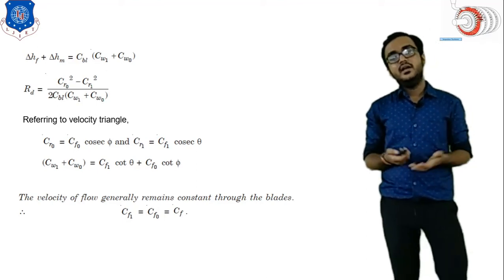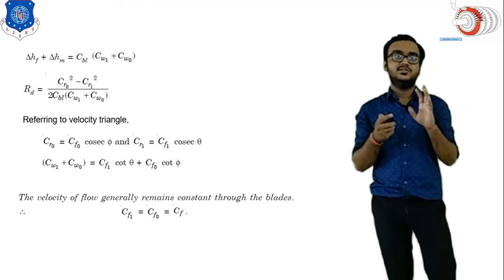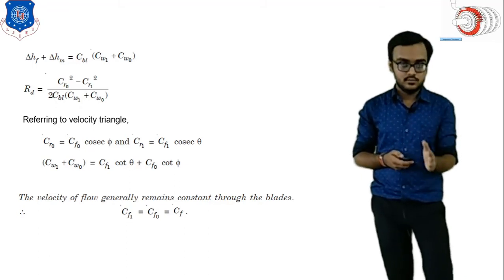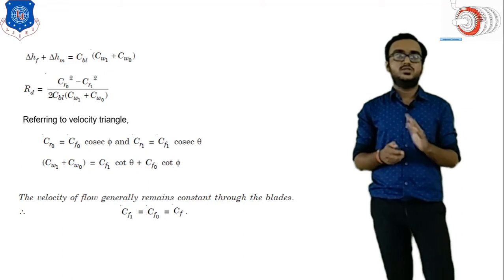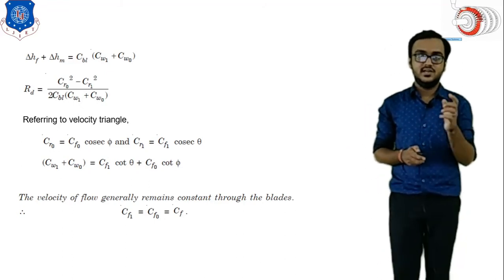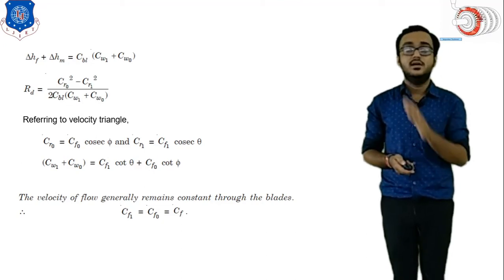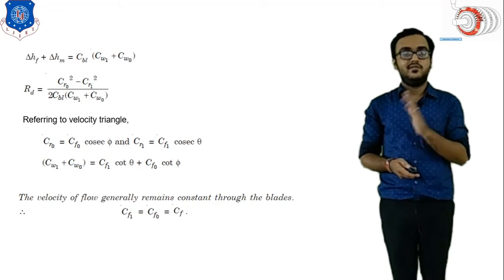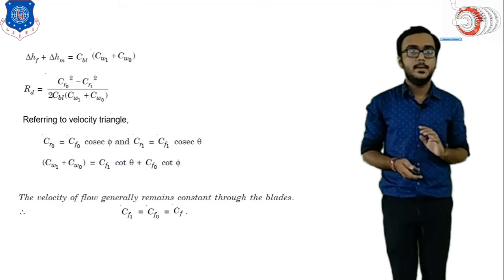Again, for simplicity you can say the velocity of flow, that is Cf0 and Cf1, remains constant throughout the flow, just for simplicity. So you can say Cf1 equals Cf0 equals Cf.